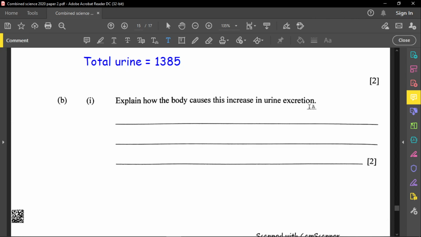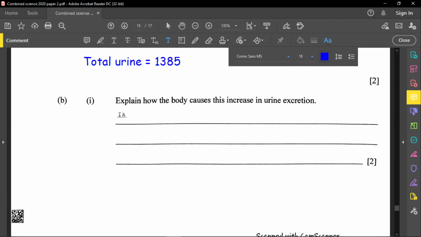And so first and foremost, the kidneys will filter the waste from the blood to form urine.